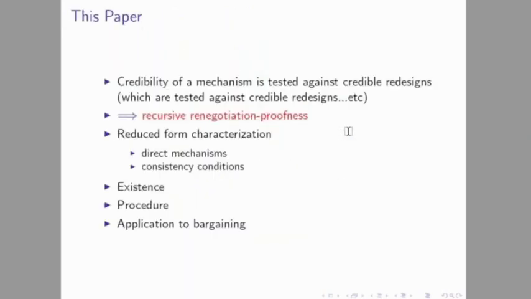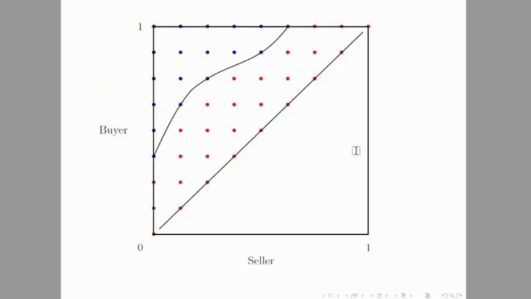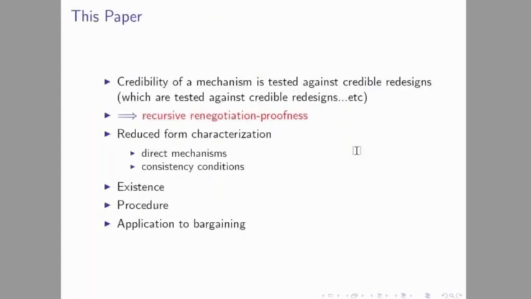So this is the topic of the current paper. The problem with renegotiation proofness, for example in the bilateral bargaining situation, is that it tests the original mechanism against any new mechanism. There should be no second stage mechanism that blocks the first stage mechanism.